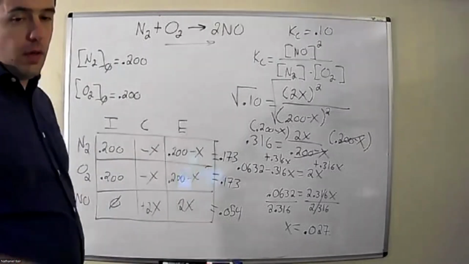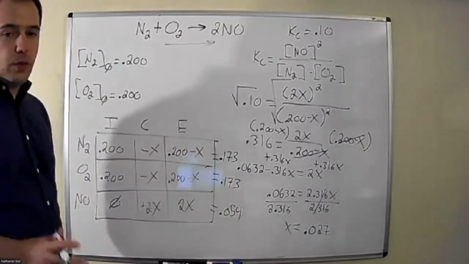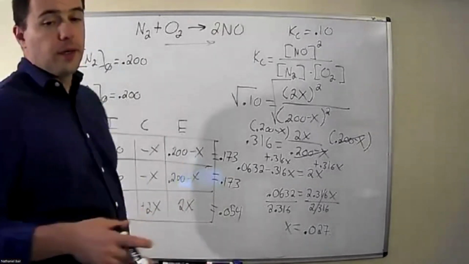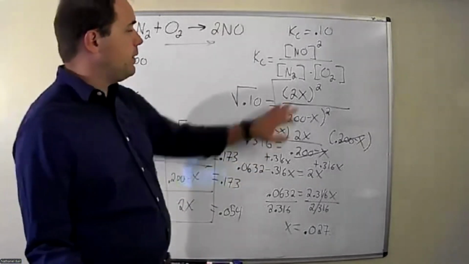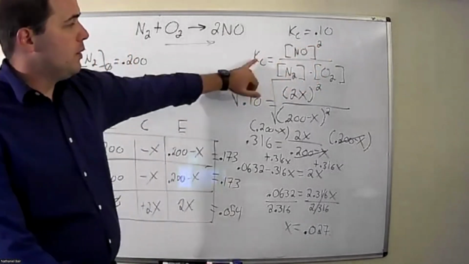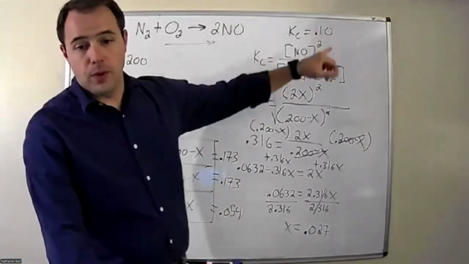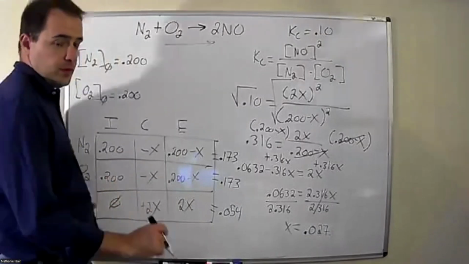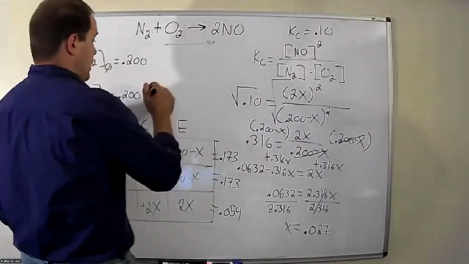So it's always a good idea to check your work. If we plug these values into the mass action expression and solve for the equilibrium constant, we should get 0.1. So let's do that.